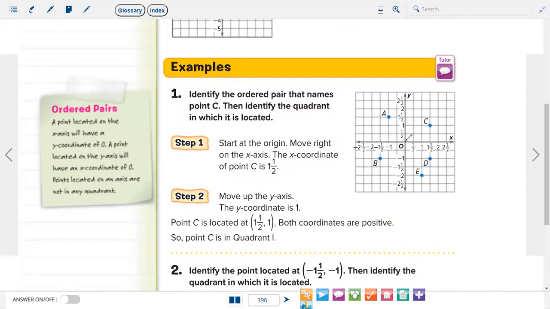So this is labeled as half, then 1, then 1.5. So we reach 1.5 and up to 1 because we are moving here by half. Every block represents half. Then we go up half and 1. So 1.5 on the x-axis and 1 on the y-axis. This is the ordered pair of the point C.